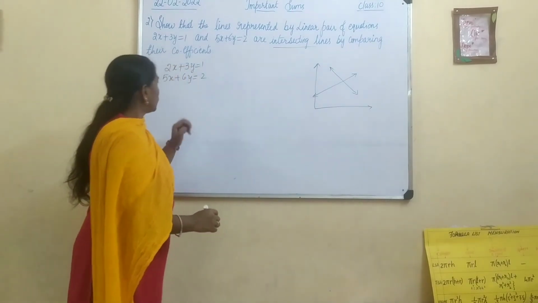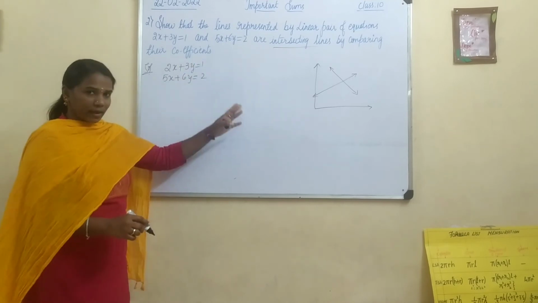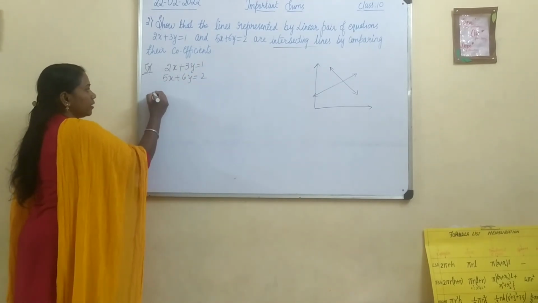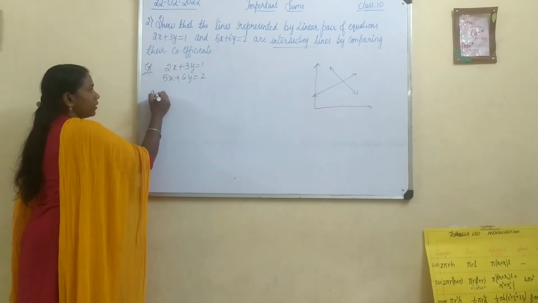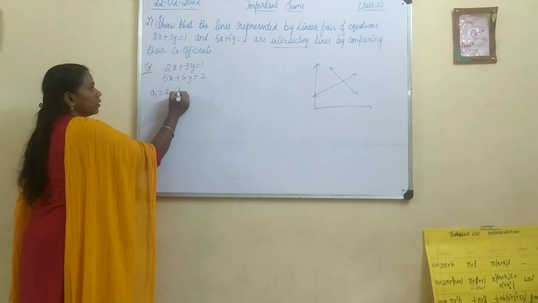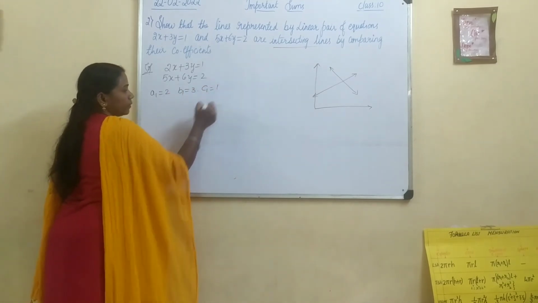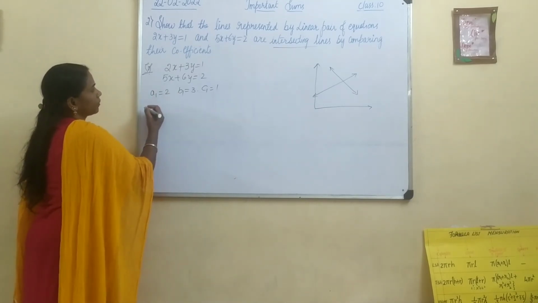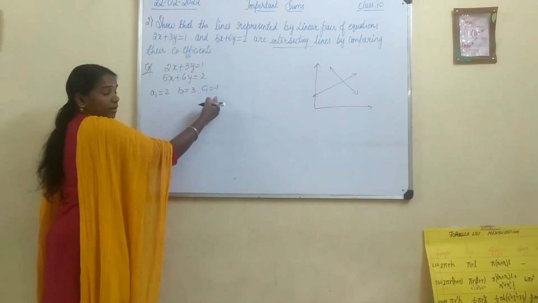Now here, to show these two equations are intersecting lines, we have to compare the ratios. So before that, let us write the coefficients for this. For the first equation, A1 is 2, B1 is 3, and C1 is 1. We have to shift C1 to the left hand side, so it becomes -1.